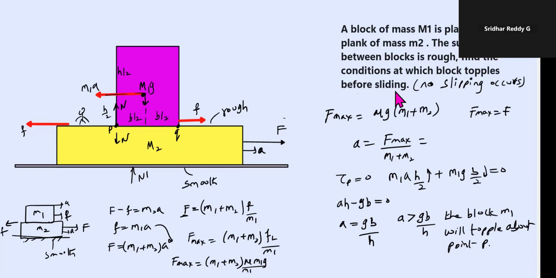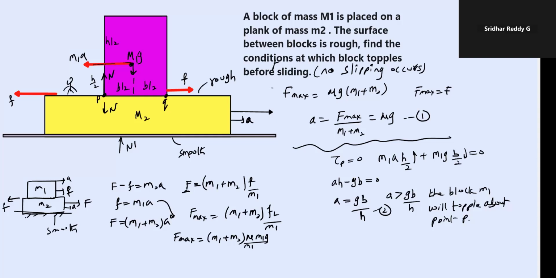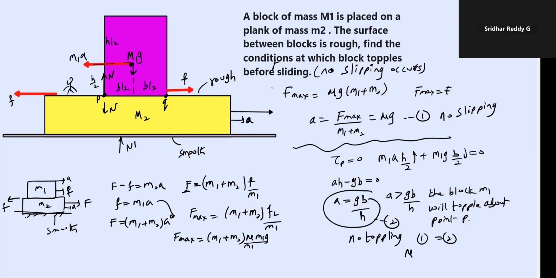What do we mean by conditions here? Look at this. Equation 1 is about no slipping, and equation 2 is about no toppling. I'll equate 1 to 2. Then I'll get mu equal to b by h.